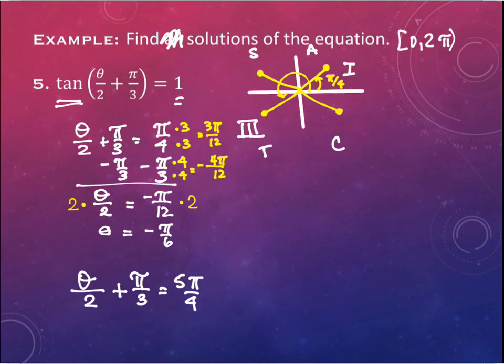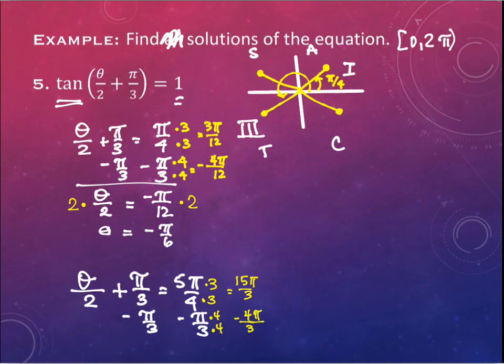So if I do the same thing over here and I do minus my pi over 3, and I get a common denominator. Whoa, that one's a 4 there. And then there's my 3 and my 3. So this is 15 pi over 3 minus 4 pi over 3.